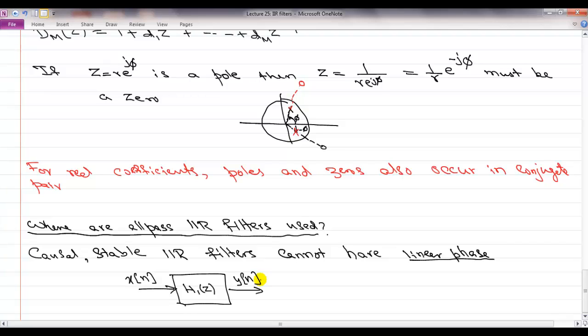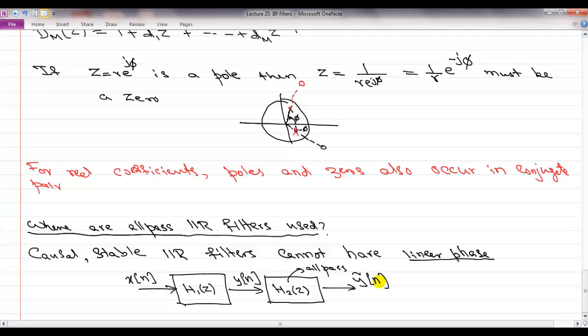So one way is that you stick an all-pass filter after this, H2(Z), which is an all-pass IIR filter, to get y tilde[n], which tries to invert the non-linearity of the phase of the first filter.